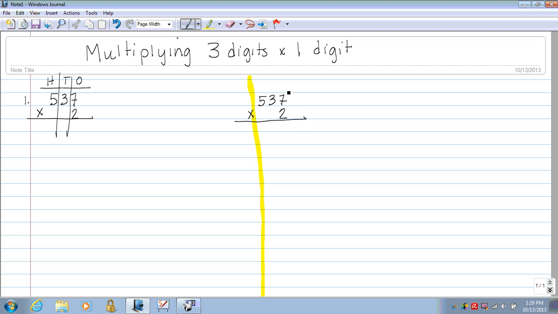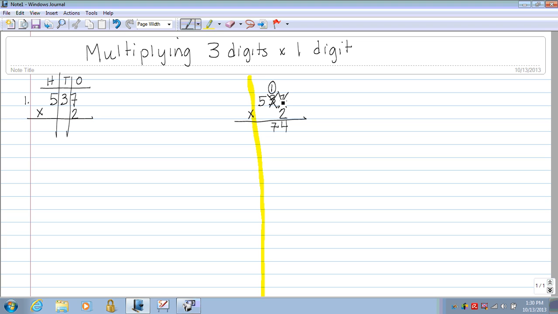The first place value that you're going to multiply is the ones. So I know that 7 times 2 is 14. I place my 4, I regroup that 1, and I'm going to cross out the 7. Now I can multiply the tens times 2. So 3 times 2 is 6, and I add 1 more, and that makes 7.